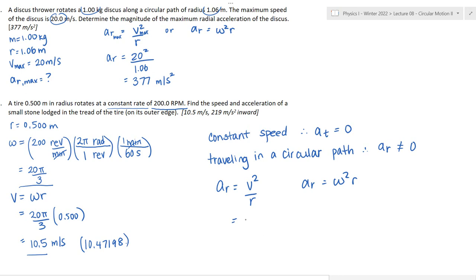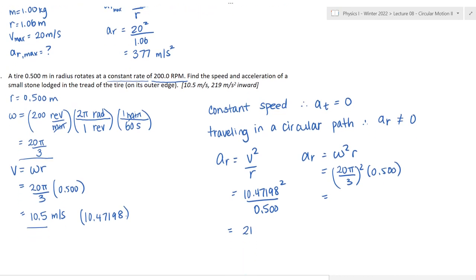We can say v squared, which is 10.47198 squared over r, 0.5. Or we can use this equation, omega squared times r, which is 20 pi over 3 squared times 0.5. And either way, we should get the exact same answer. So I'm going to type it up on my calculator. And I get 219 meters per second squared.